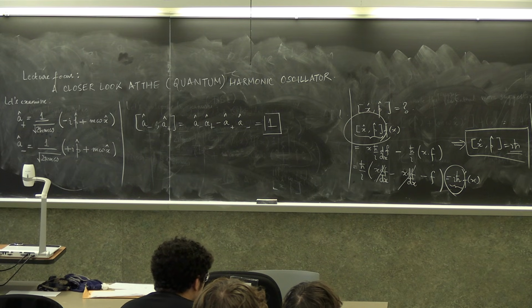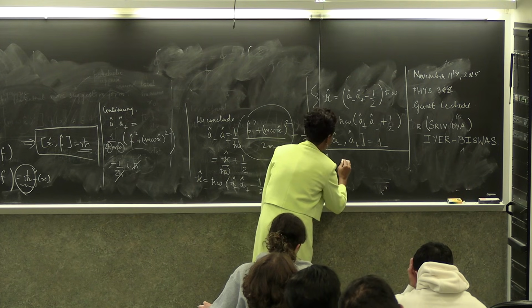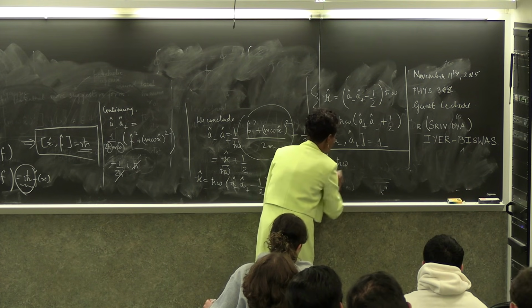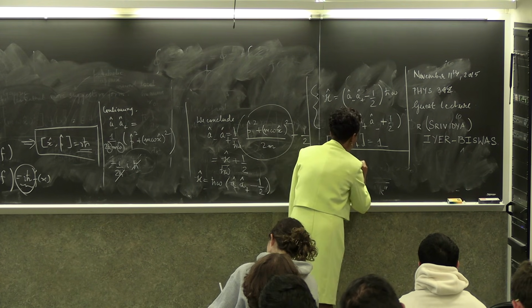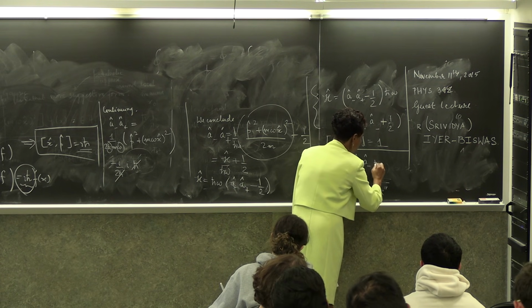So this is just cosmetic, but stylishly you can combine these two relations into one as Hamiltonian equals H bar omega times A plus A minus plus half.